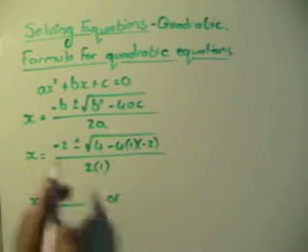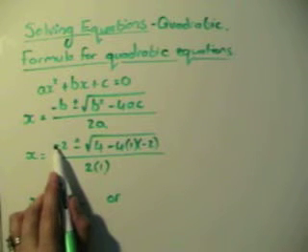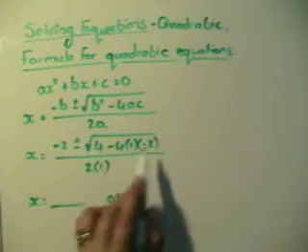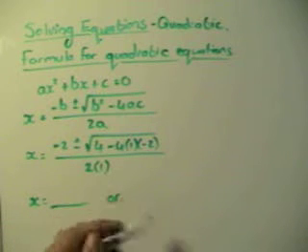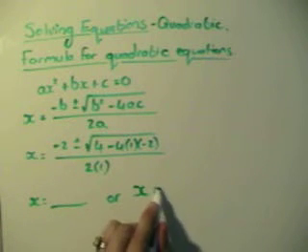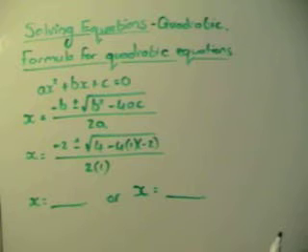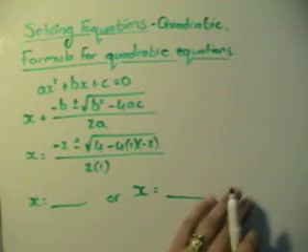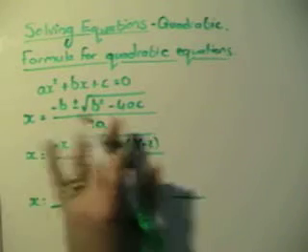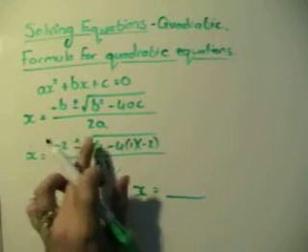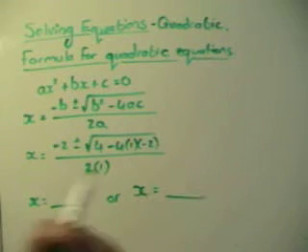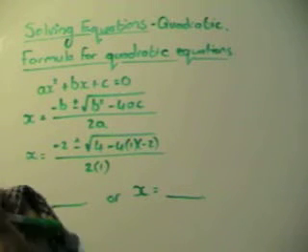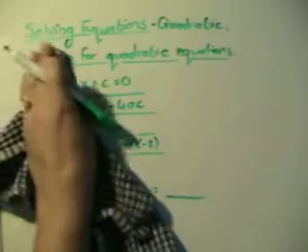And then I write OR, and then I type in my calculator minus 2 minus, and I get another value for x. And that is what this plus minus means. You're not going to put a plus minus in your calculator. You first put plus, work out the first one, then you put minus and work out the second value, because quadratic equations for the most part have 2 answers.